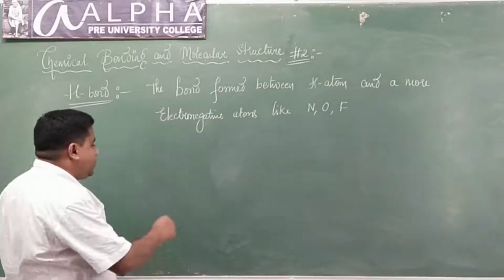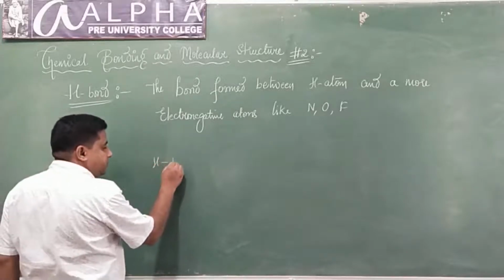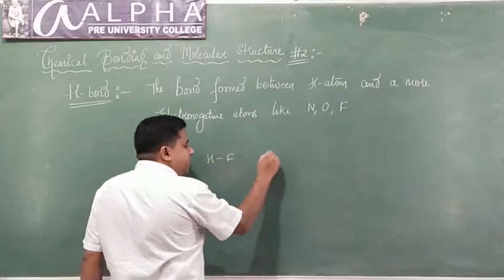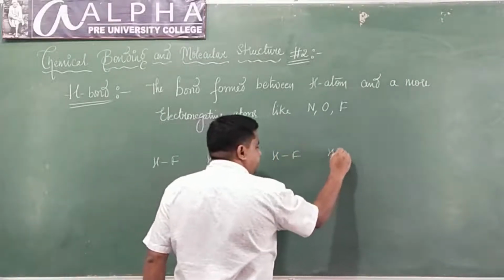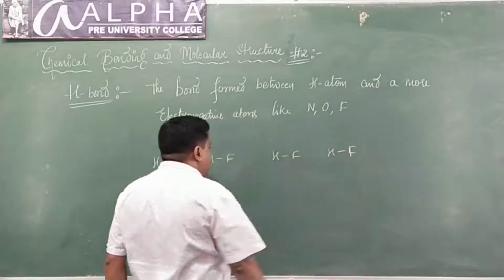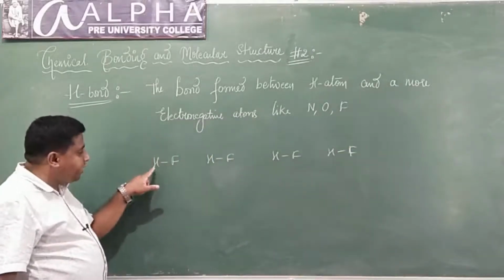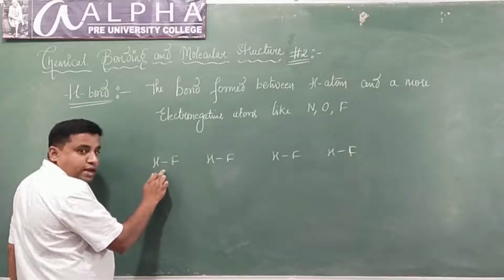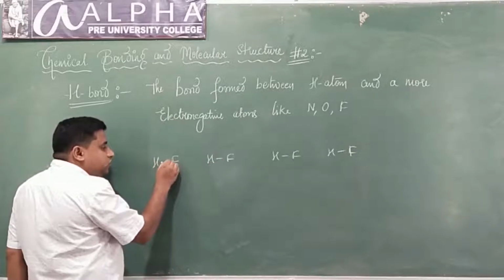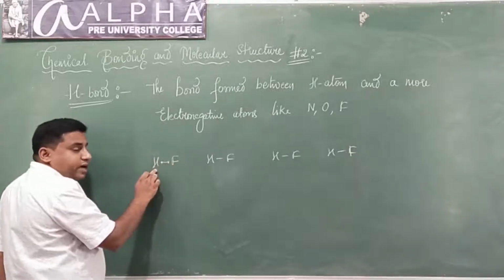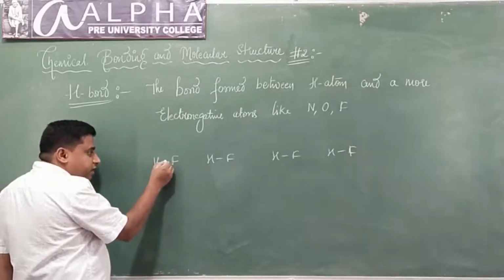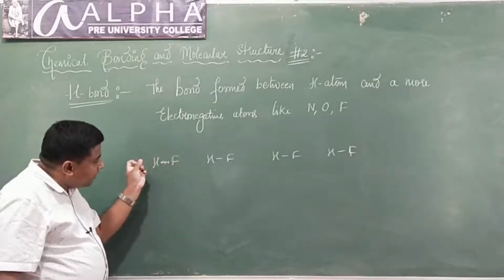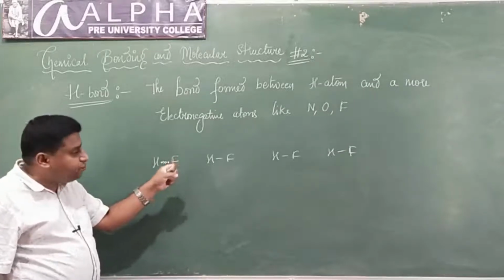Well, if you consider hydrogen fluoride, students, look at what is going to happen between hydrogen fluoride molecules. We know fluorine is more electronegative than hydrogen, isn't it? So since fluorine is more electronegative than hydrogen, it will withdraw the shared pair of electrons towards itself.